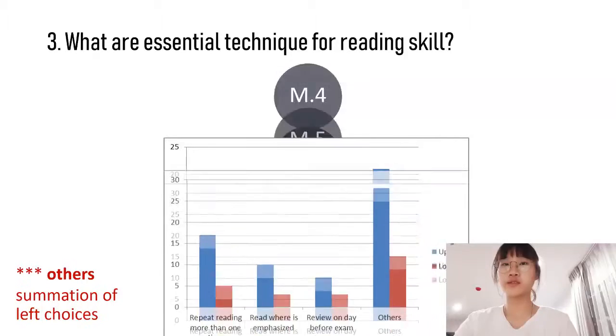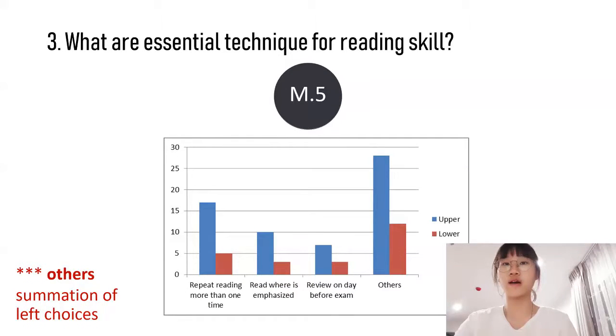In M5, students use repeat reading the most, followed by reading where it was emphasized, and review one day before the exam the least. In lower grade students of M5, they use repeat reading the most, and the two other techniques equally.